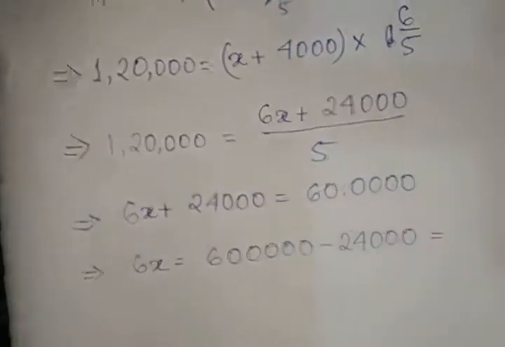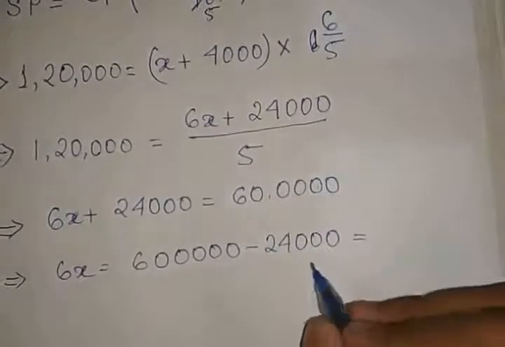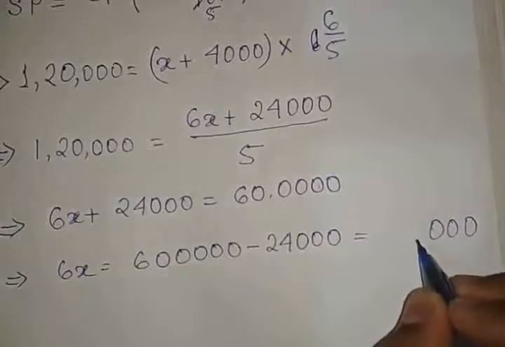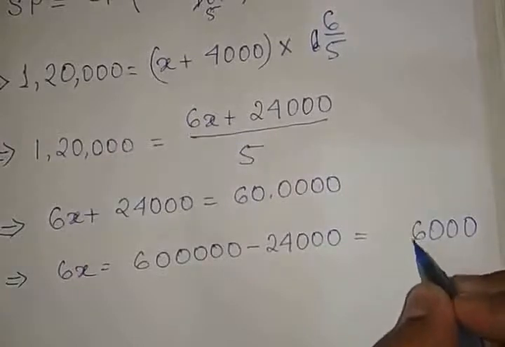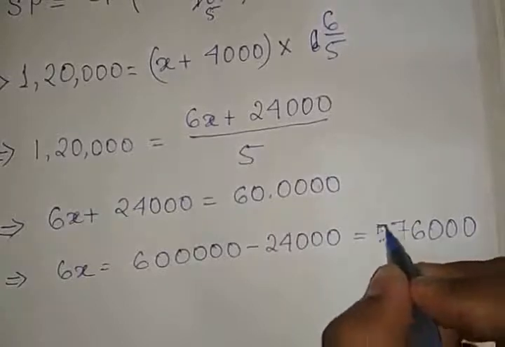After subtracting these two, how much will we get? This will be 3 zeros. Then 10 minus 4 will be 6. 9 minus 2 will be 7. And here it will be 5.